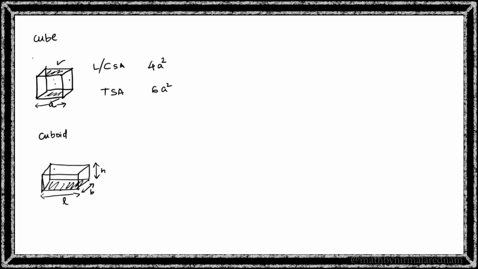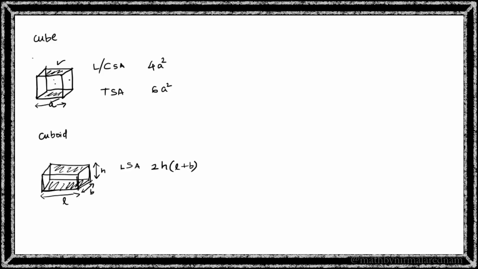So this is the base and this is your top, and lateral surface area is going to be, you are not going to consider lb, which is the area of the base, and another lb which is at the top. So it is going to be 2 times of bh, right? And then this face, which is lh. This face is lh, right? So I'm going to take h common, and I'm going to have l plus b.